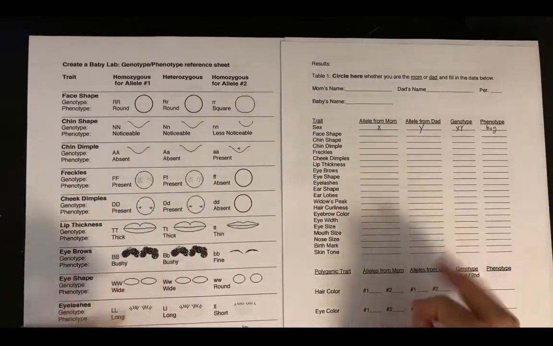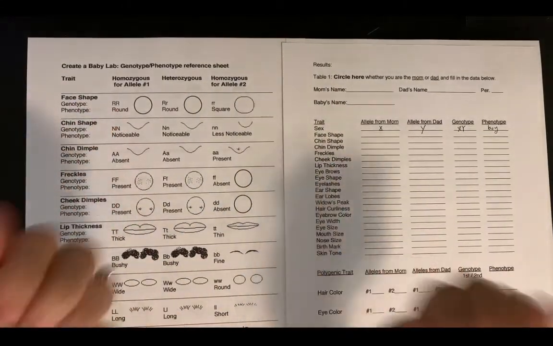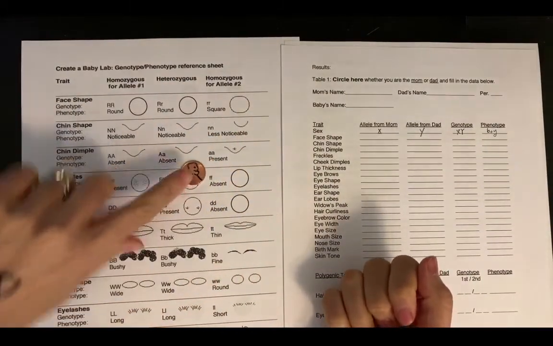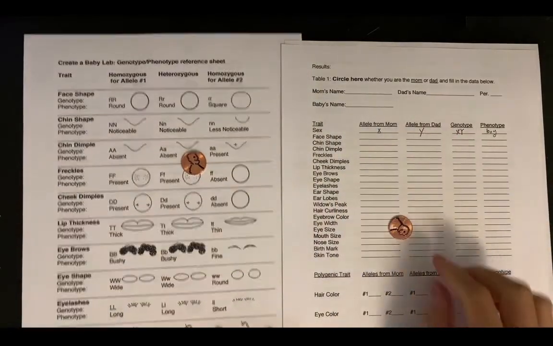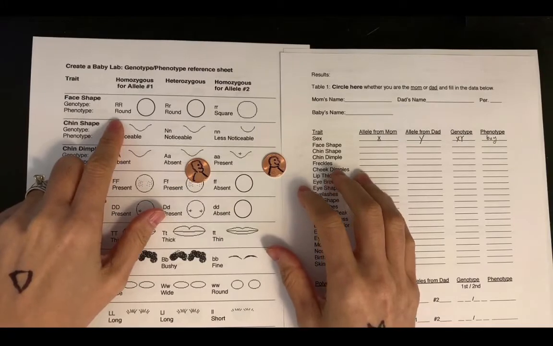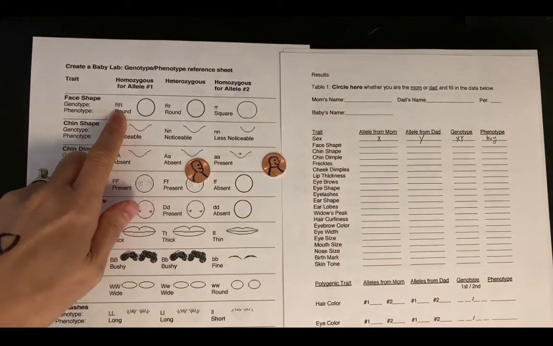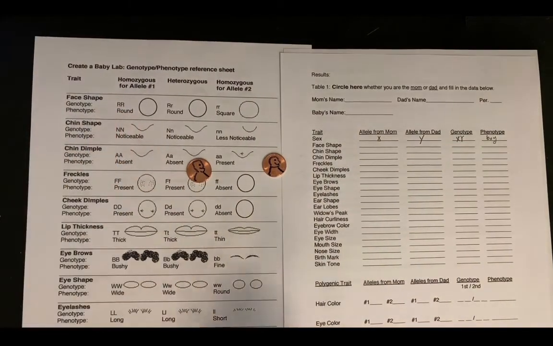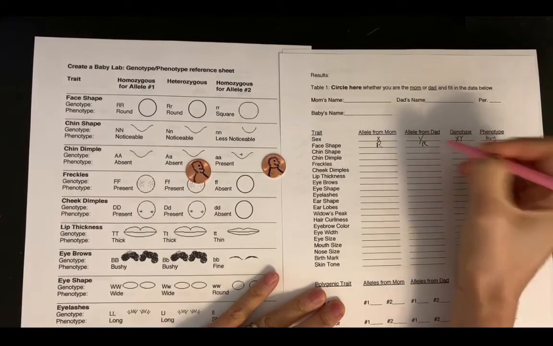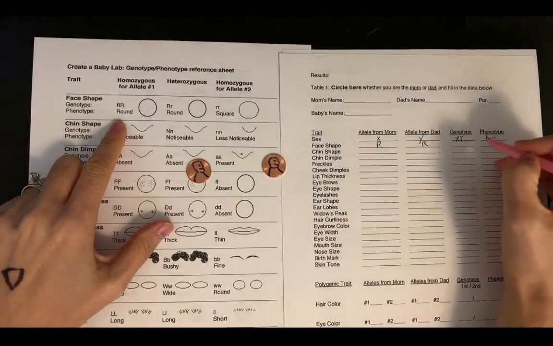Okay, so we're going to go ahead and flip our coin for face shape. Okay, so dad is going to give a dominant allele, and mom is going to give a dominant allele. And if you look, if they both give dominant alleles, that means the baby's genotype is big R, big R. So the mom gave a big R, and the dad gave a big R. And that means that the phenotype of this baby is round.